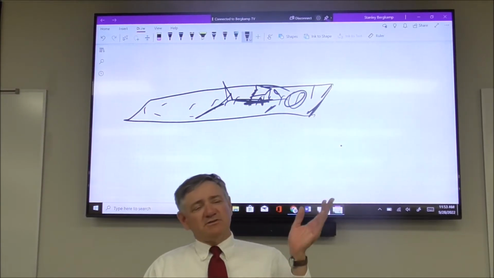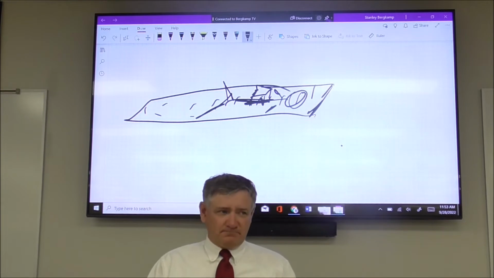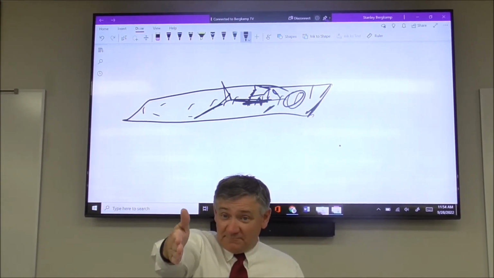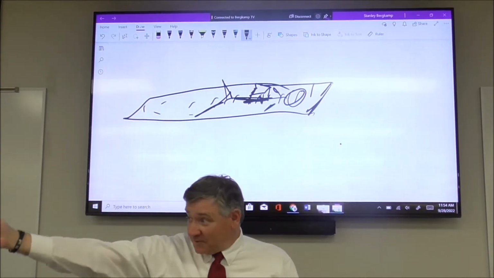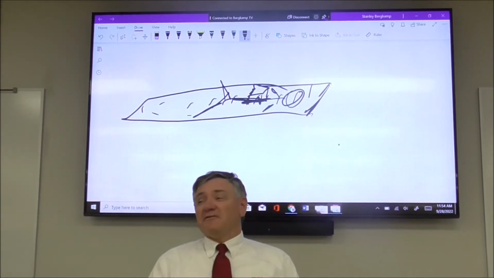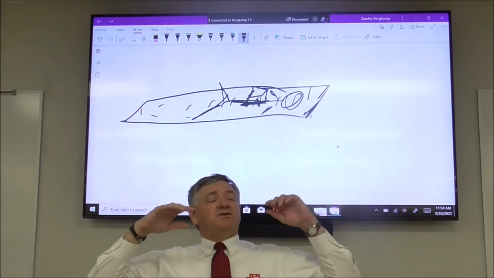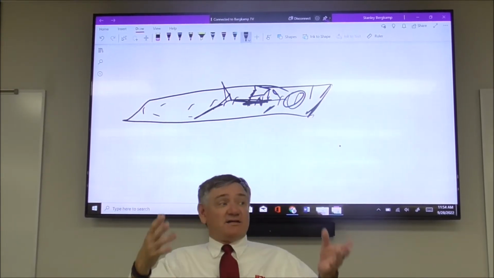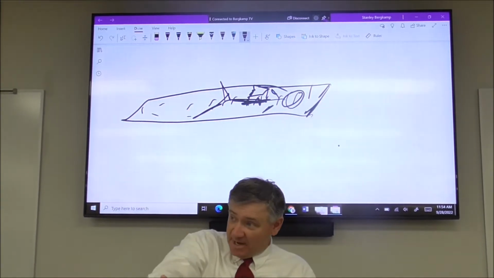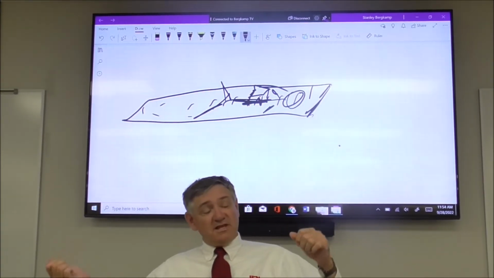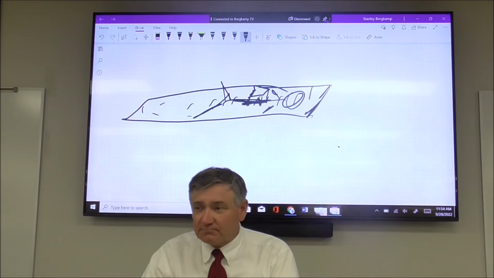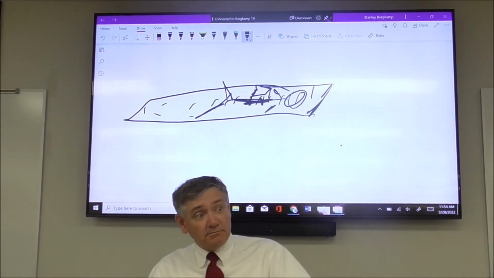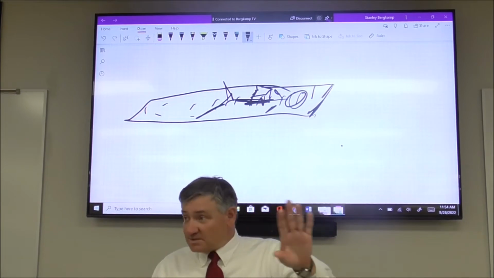So what's Newton's first law of motion? An object in motion will stay in motion unless another force is applied to it. Law of inertia, right? So I have mass. The block has mass. The sledgehammer has mass. So the sledgehammer is going to come down, and it's going to be moving, and it wants to keep moving until a force acts upon it.